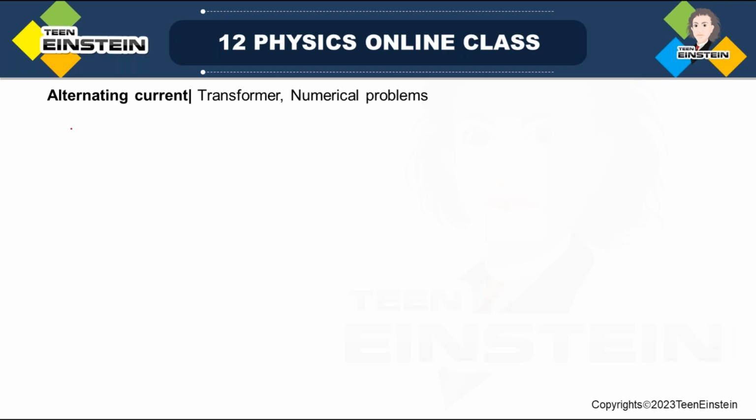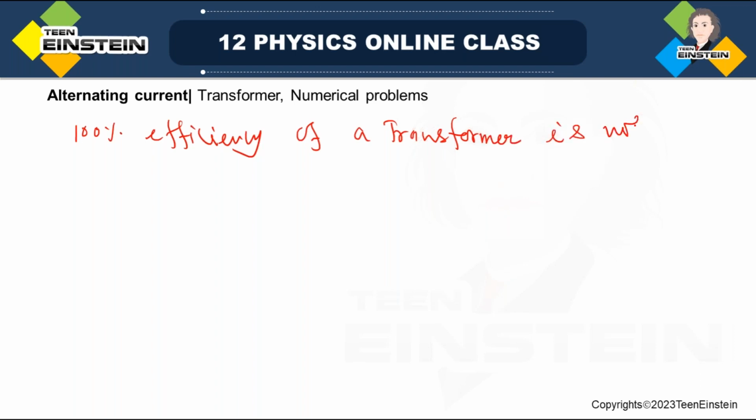So 100% efficiency of a transformer is not possible because there are sources of energy loss.